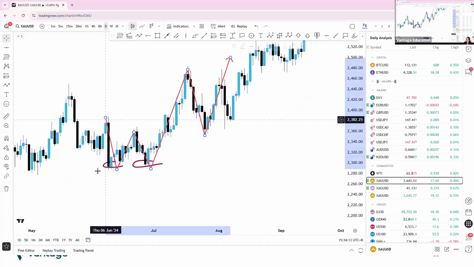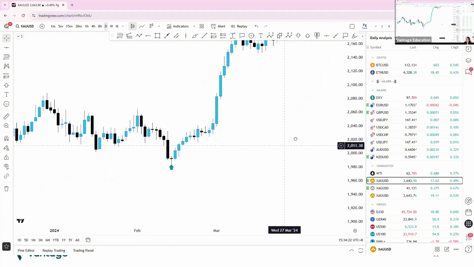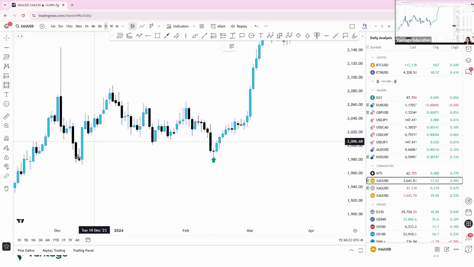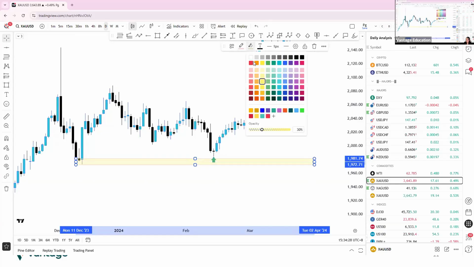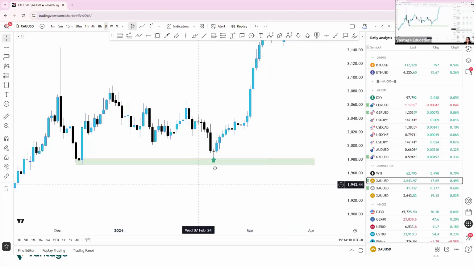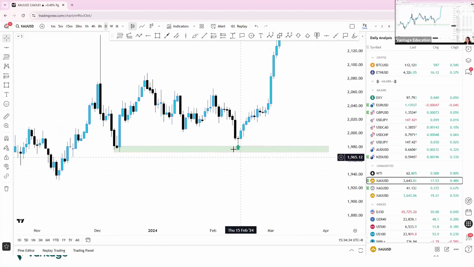It looks like a W pattern. This is the double bottom. You will see the chart pattern. This is our price action happening at the key level, which is the support or demand or OB, whatever you want to call it. This is the zone.